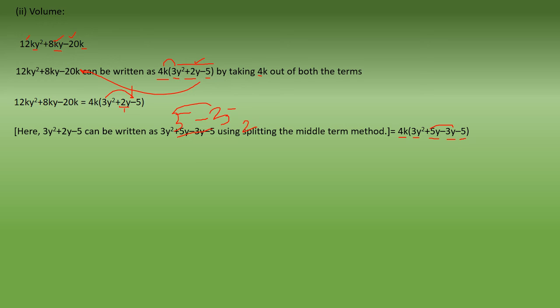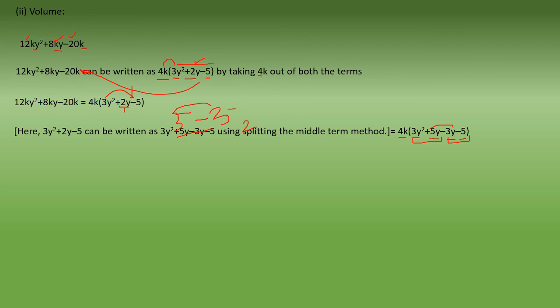So now we have this expression, and we have to make the factors. We will take these two terms together and these two terms together. How can we make the factors? There is no table of any number common to 3 and 5, so we have only y.